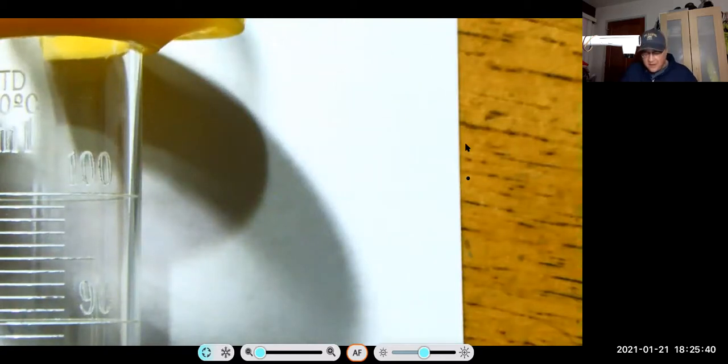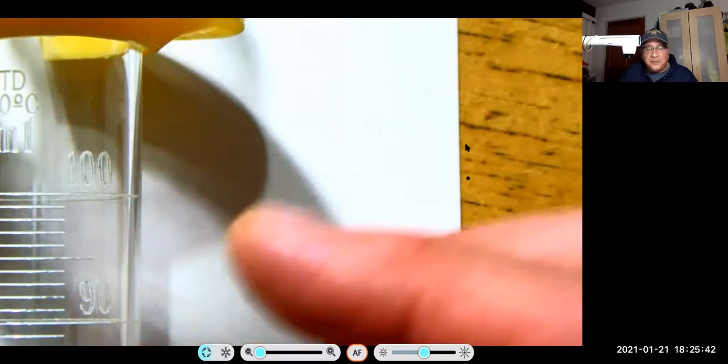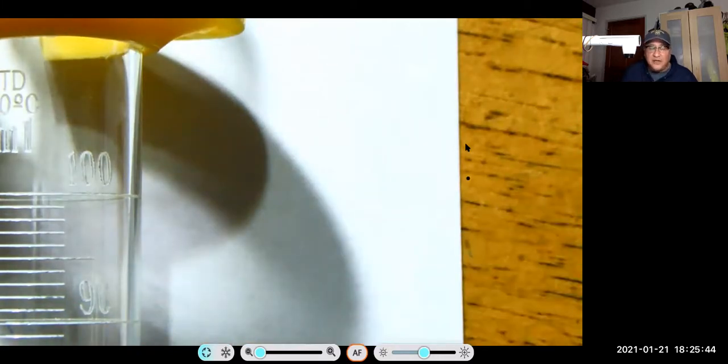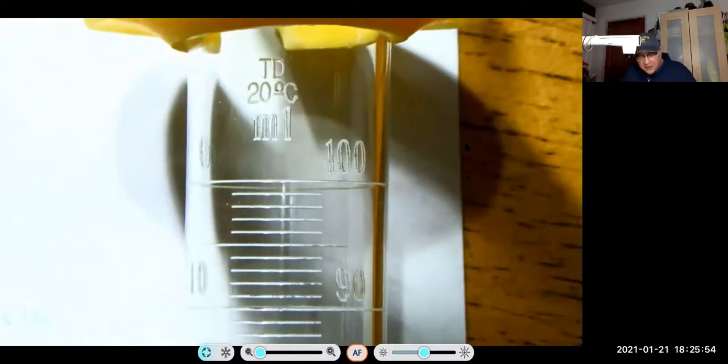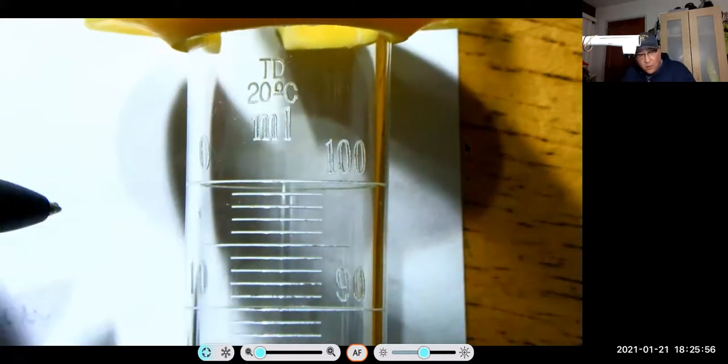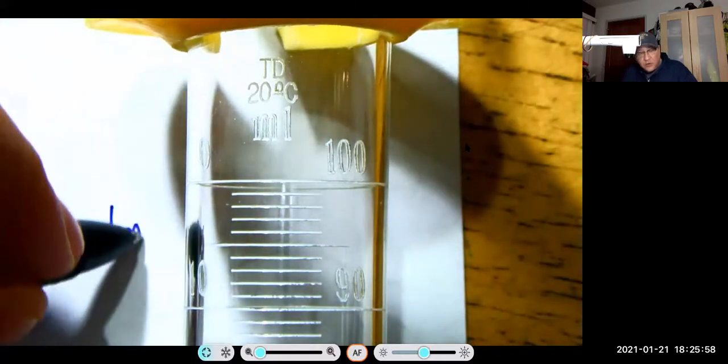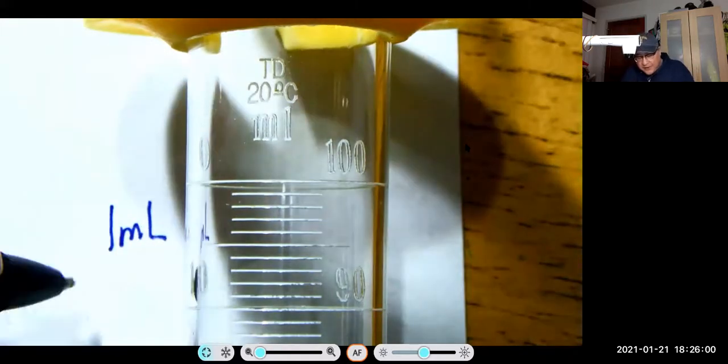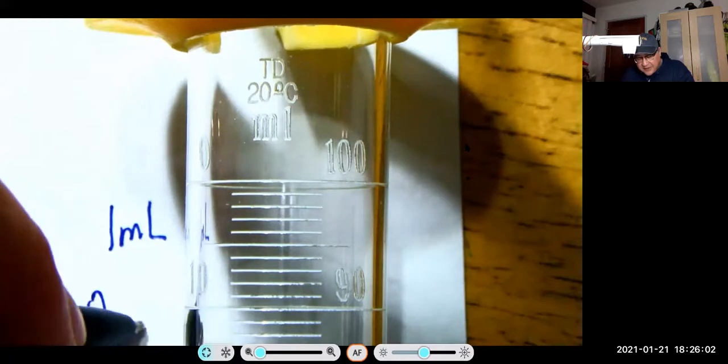There are 10 spaces between the 90 and the 100. Each space is 1 milliliter. So what should we be able to measure to? Well, if the smallest amount is 1 milliliter, we should be able to measure to the 10th of a milliliter.